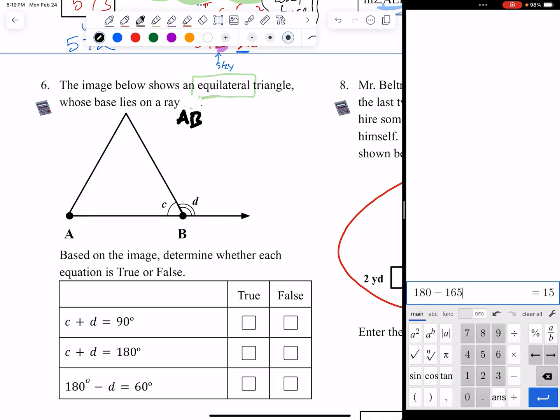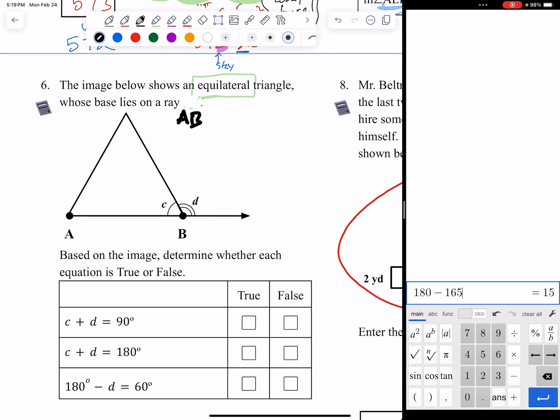Alright, so let's see. Give me a second, I apologize. So let's see, did I fix this already? Please tell me I did. Yes, I switched it to AB.